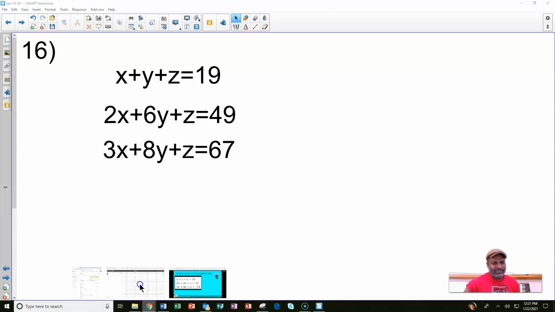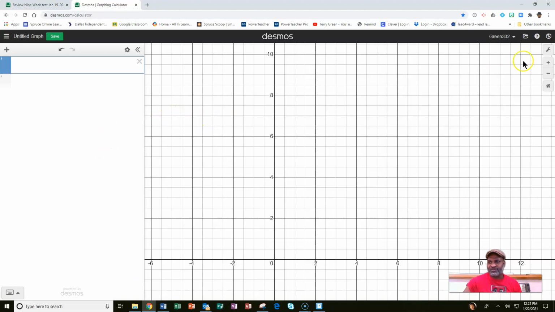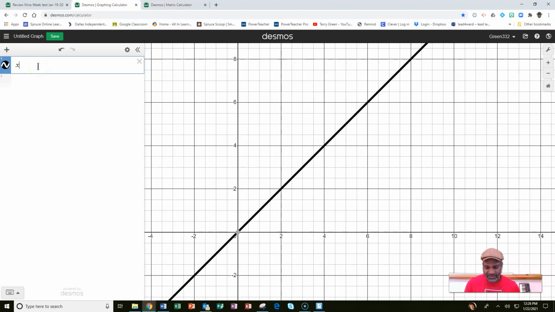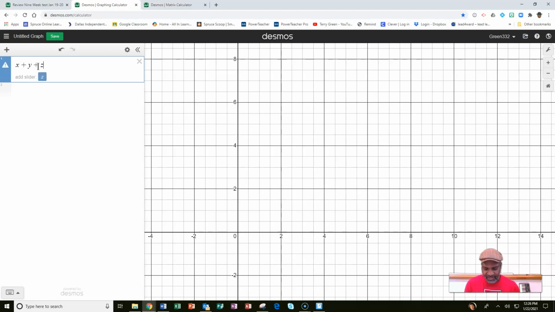I'm going to click on my Desmos here, and I have a blank Desmos screen. So here we are in Desmos. Let's go ahead and enter our three equations. The first one is x plus y plus z equals 19, and I want to accept that slider.